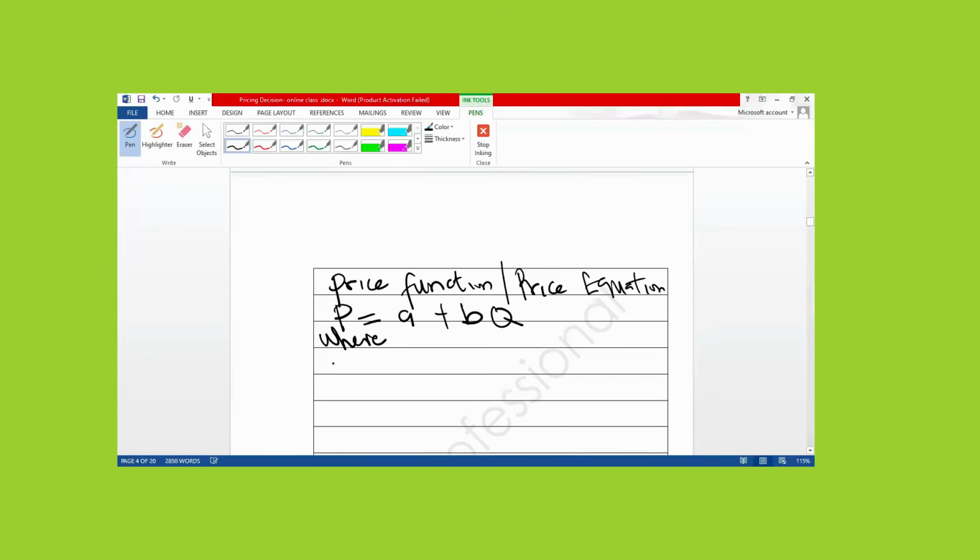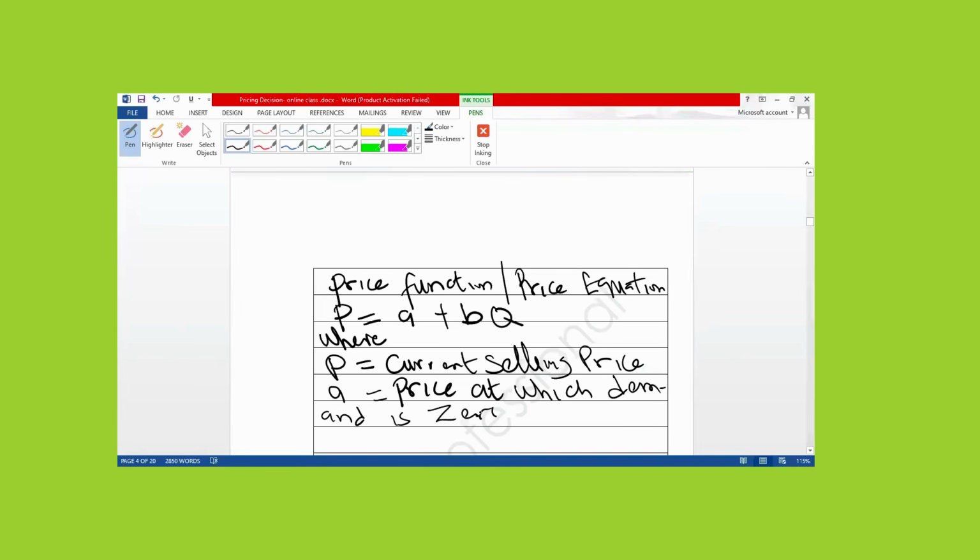where P is the current selling price. Small letter A is equal to the price at which demand is 0, that selling price at which nobody will buy the product.